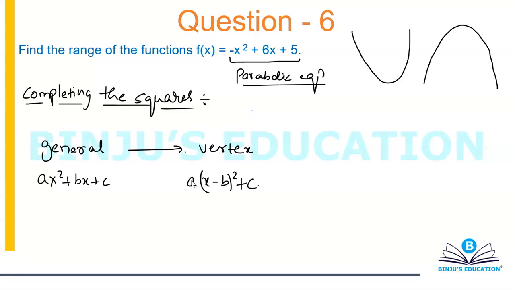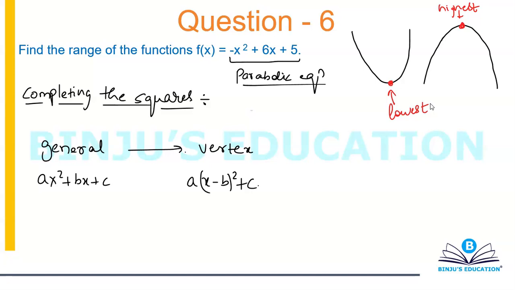For example, this is your highest point, this right here, and this right here is your lowest point. So highest point means maximum value, lowest point means minimum value.